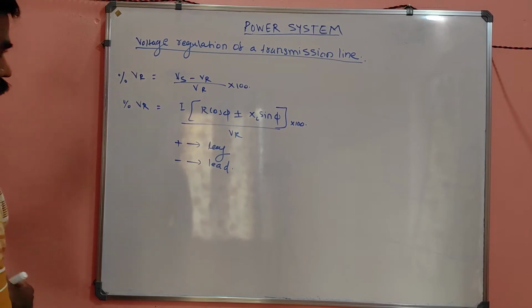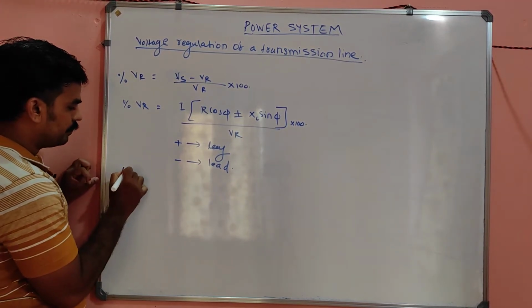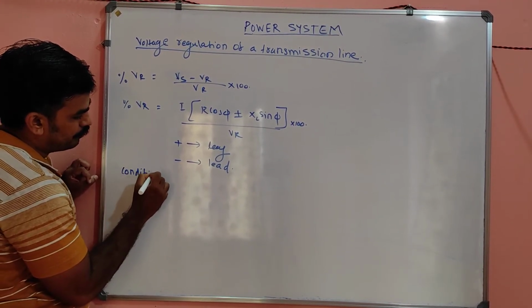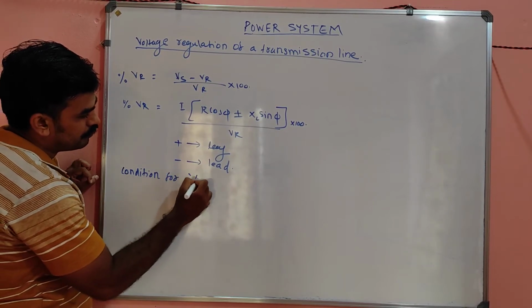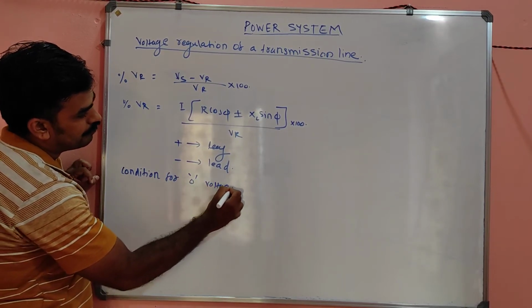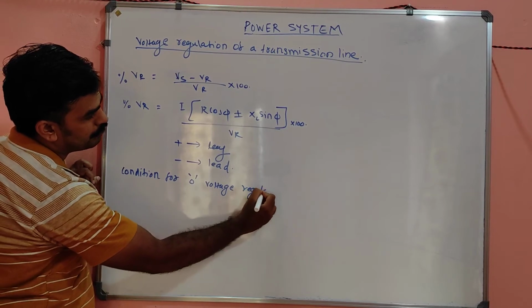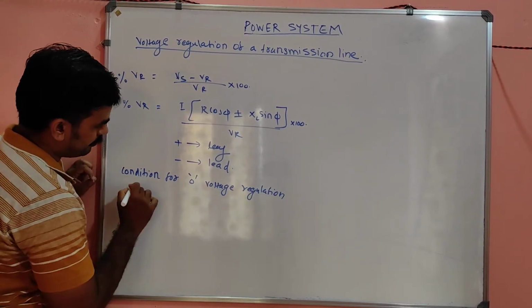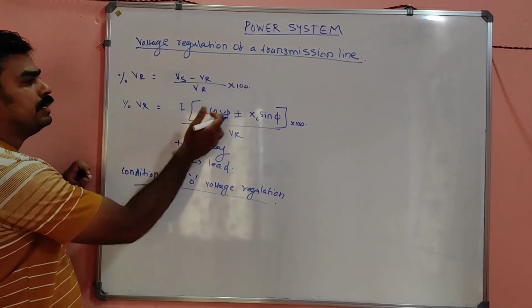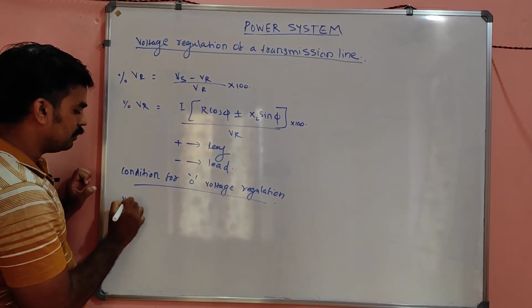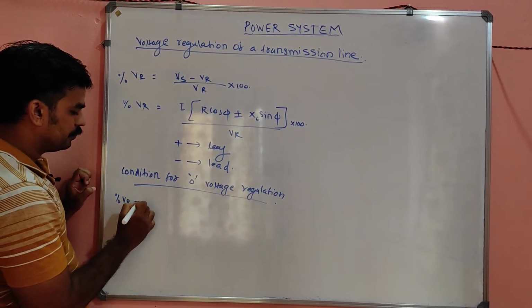Condition for zero voltage regulation. Next one. That means simply VR equal to 0.